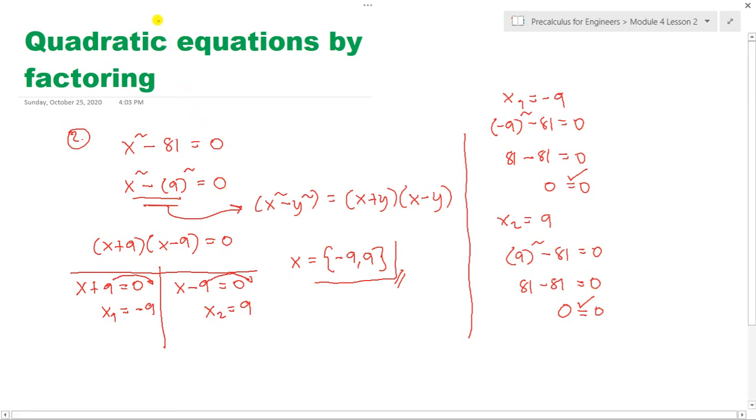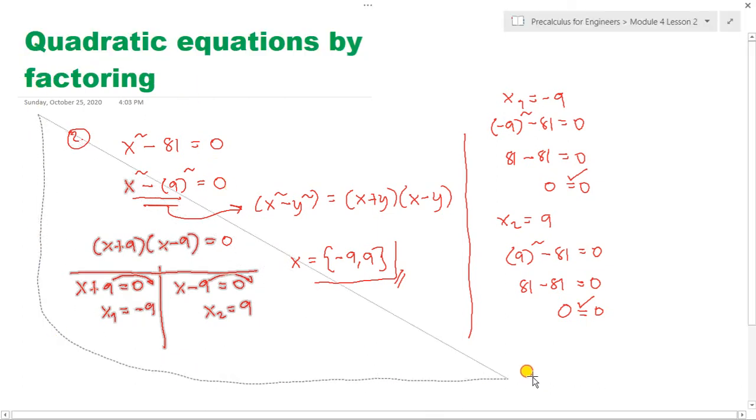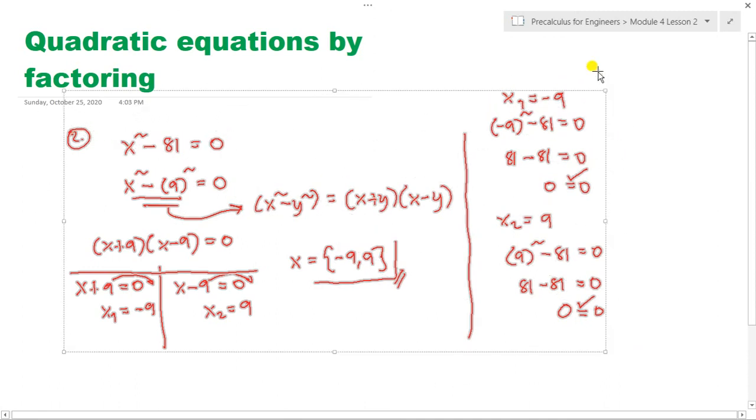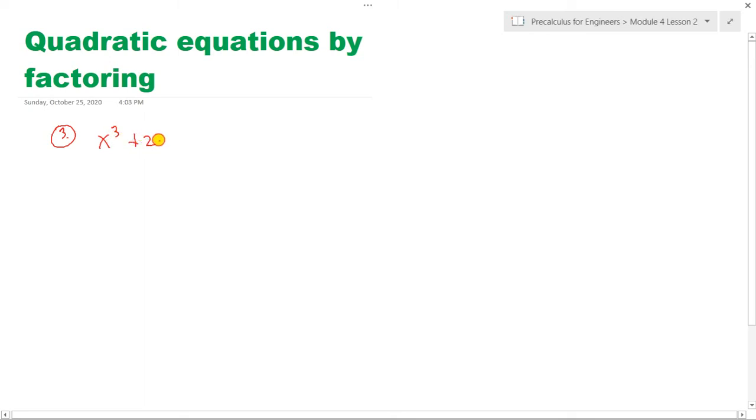Therefore, our answer is correct. So let's try another equation. The third example is x cubed plus 2x squared minus 9x minus 18 is equal to 0.